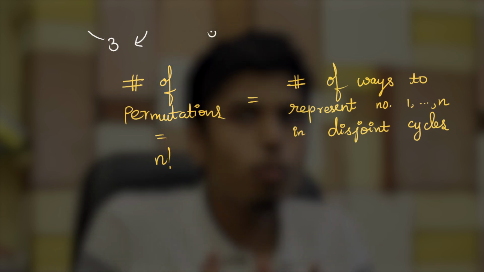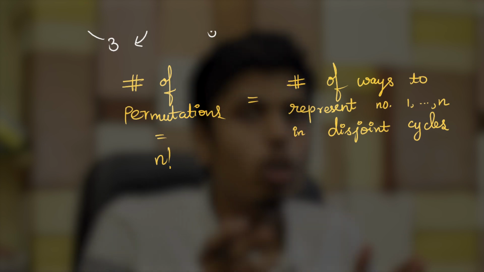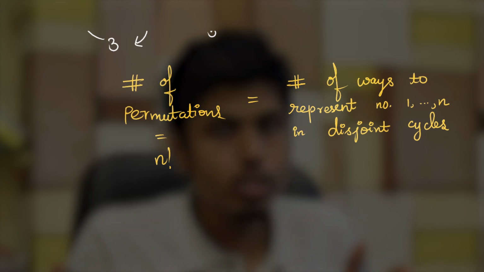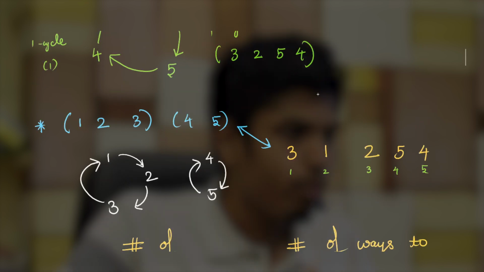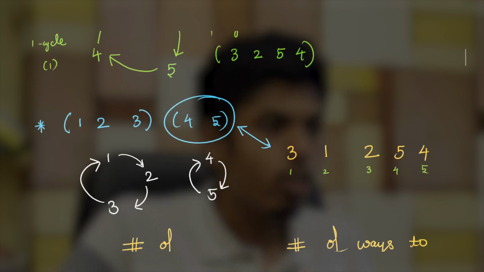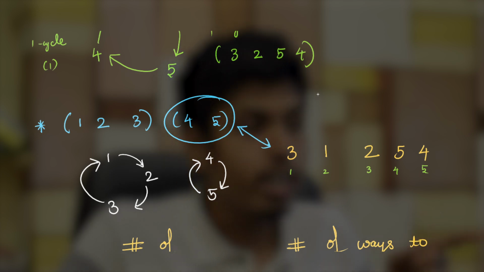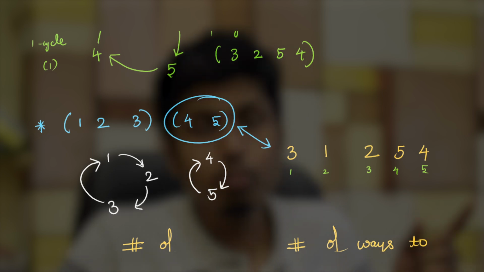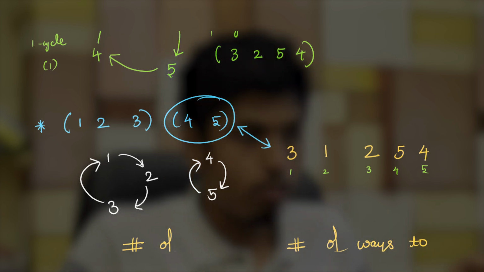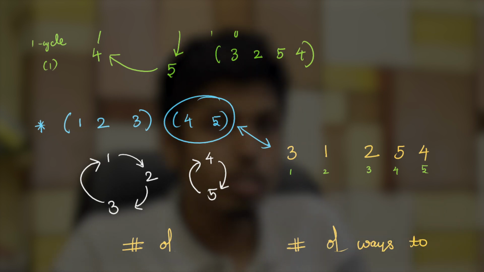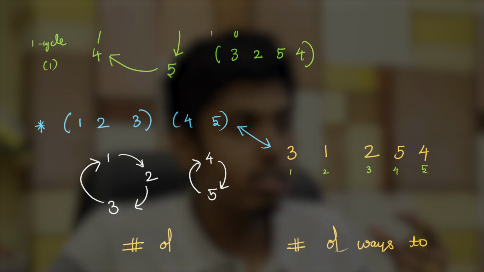We have no possibility to get back to that number because we would have to get back to it from some other position which is already present in that cycle. For example, in 4 and 5, we cannot have a 3 in this cycle because we already had 3, and the number present in position 3 is 1. So you cannot again get a 3 here, which implies the cycles are disjoint.